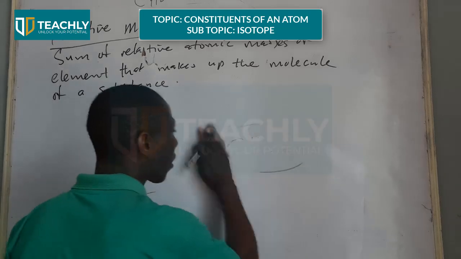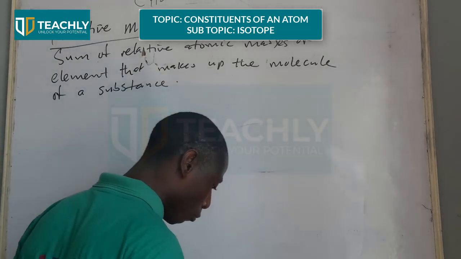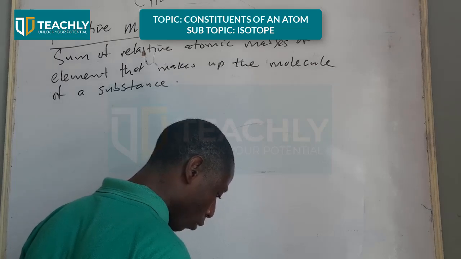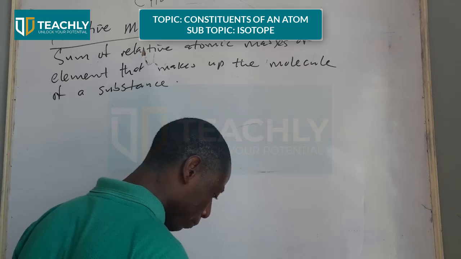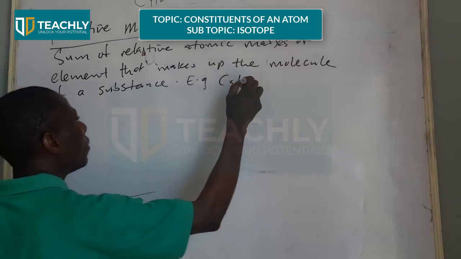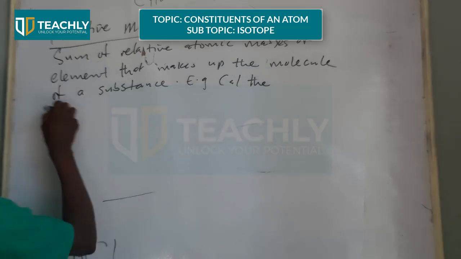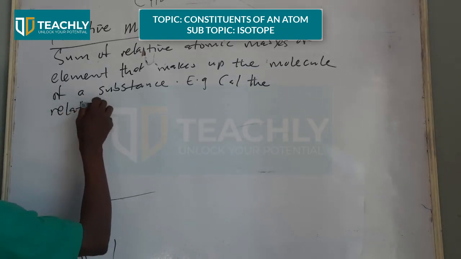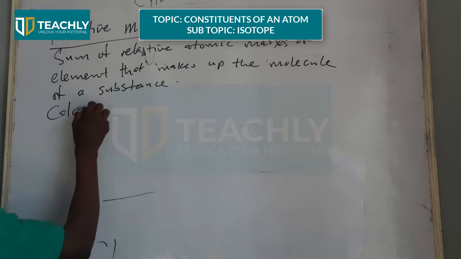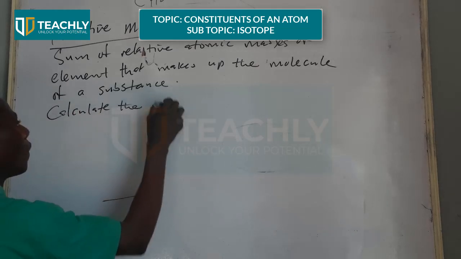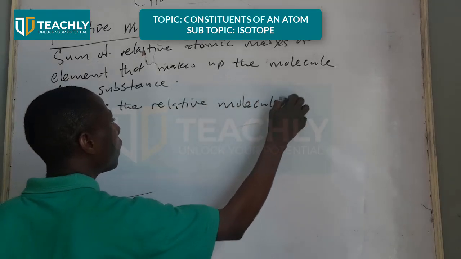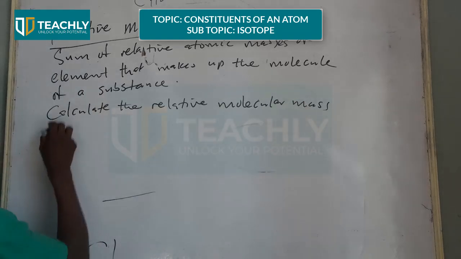So let us now look at an example. How can we find a relative molecular mass? Calculate the relative molecular mass of the following compounds.